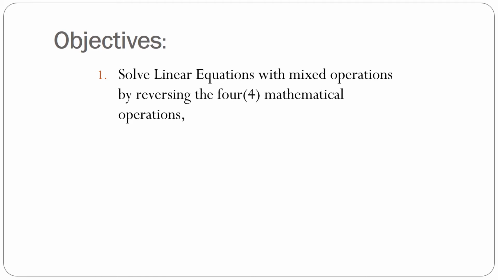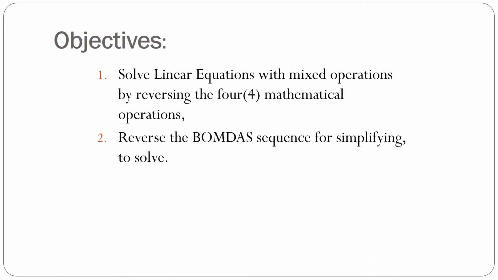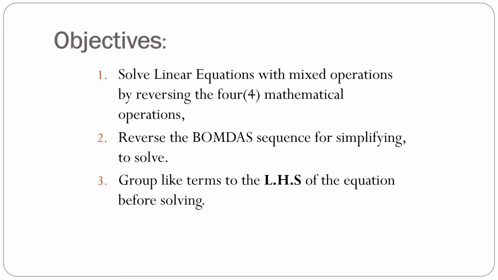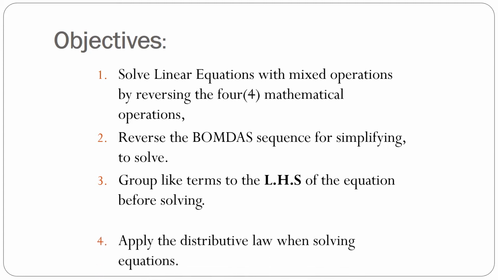For this lesson, our objectives will be: 1. Solve linear equations with mixed operations by reversing the 4 mathematical operations. 2. Reverse the BODMAS sequence for simplifying to solve. 3. Group like terms to the left-hand side of the equation before solving. And 4.